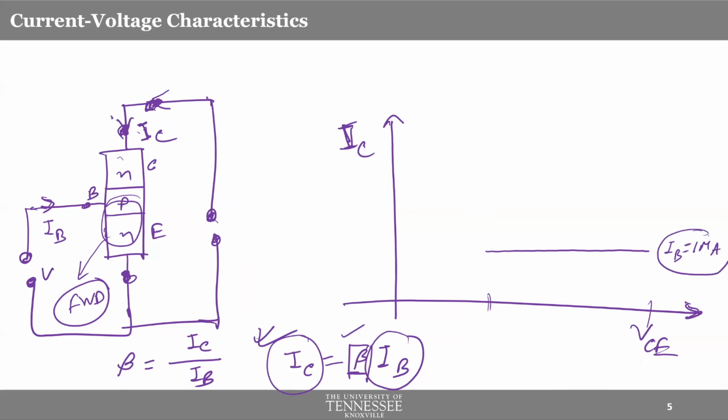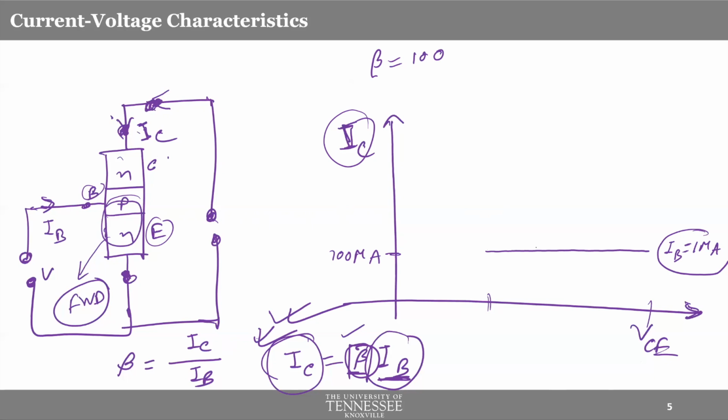For 1 microampere of IB, you will see, say, 100 microampere of IC, simply because, say, your beta is 100. And see, this is a linear relationship. So IB will be multiplied with beta and you'll get IC, done. As long as you ensure that the base emitter junction is forward biased and base collector junction is reverse biased.